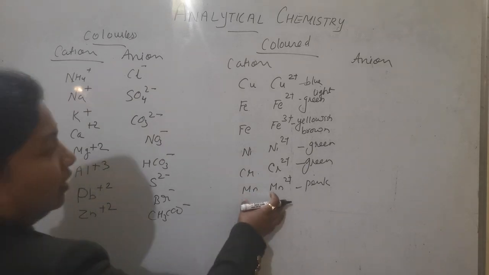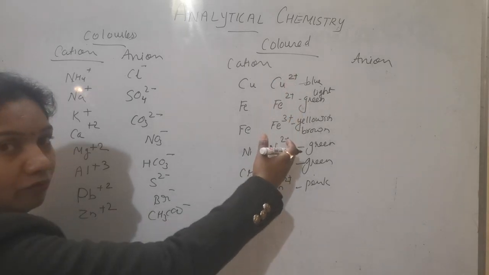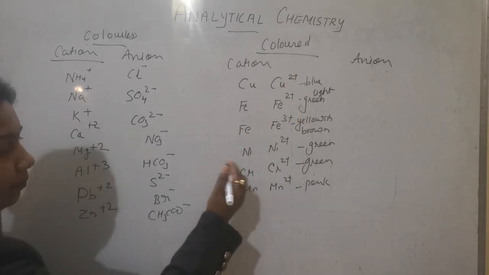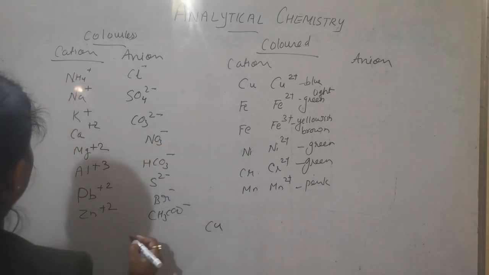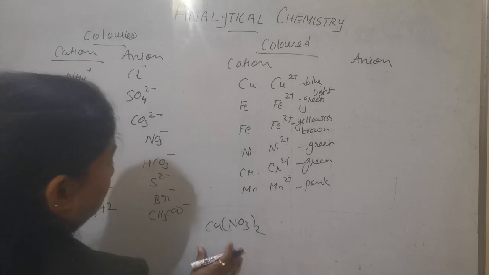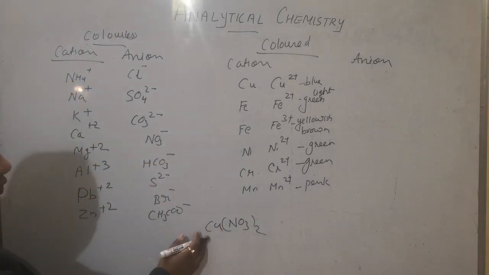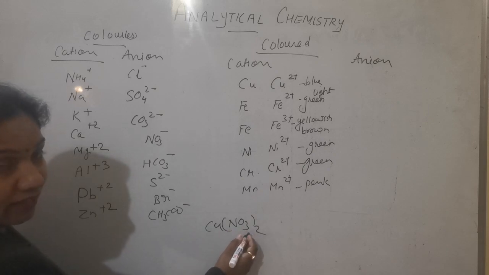So whenever these ions combine with a negative anion, it gives the color of this particular ion. Suppose you combine this copper with, say, nitrate. So we have a salt, copper nitrate, and we know that copper here is in +2 valence state.